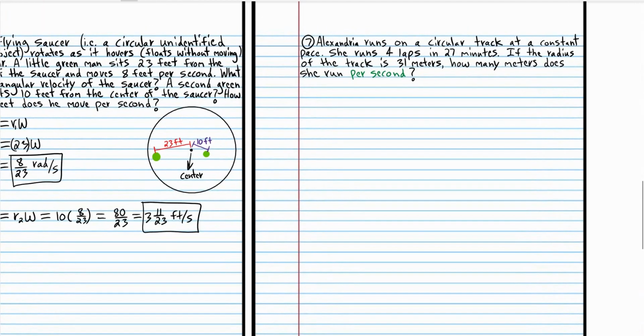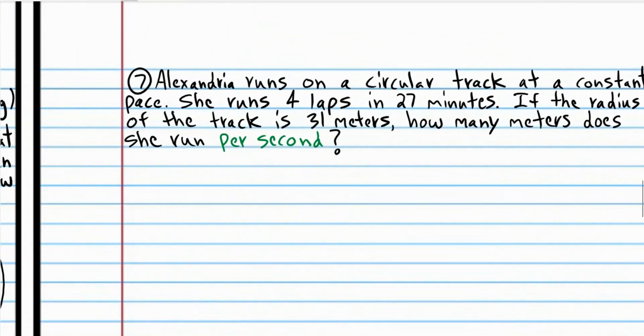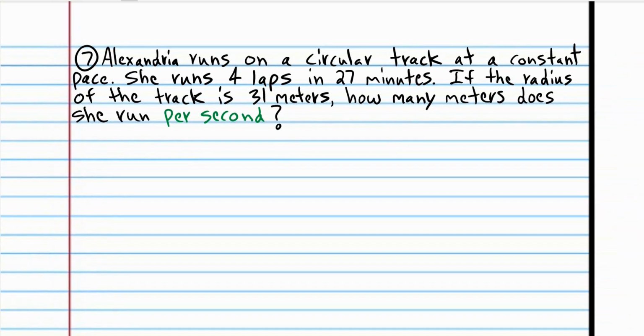All right, we're back. So they're looking for linear velocity. They give us the angular velocity. So you don't have to break this problem into 2 parts, but I'm going to do it.